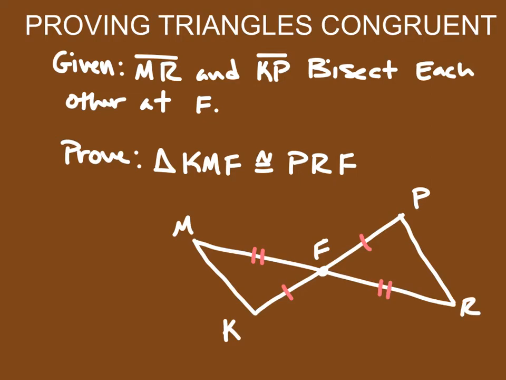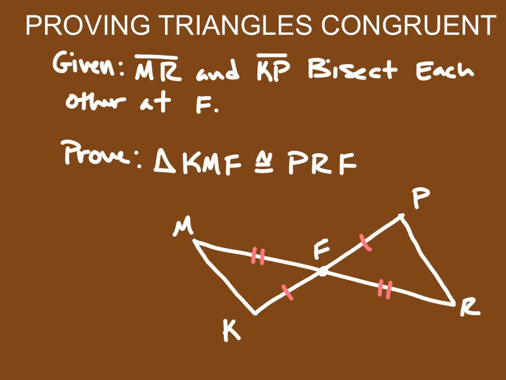I'm only making those statements because of the given statement. These two segments bisect each other, which means they cut each other in half at point F.